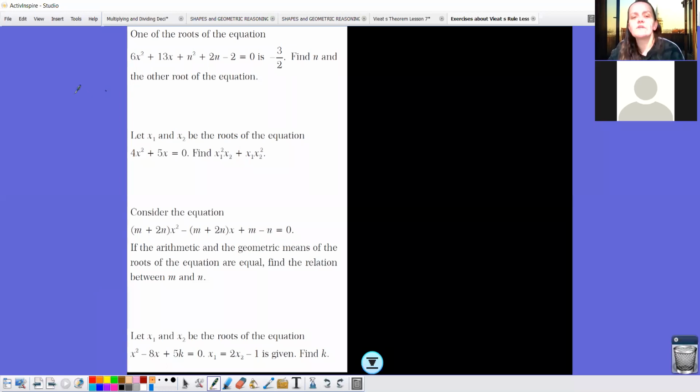In the first one, it says one of the roots of the equation, this is the equation, is minus 3 over 2. Find the other root of the equation. Here, one root is given. So what will we do? What do you think?